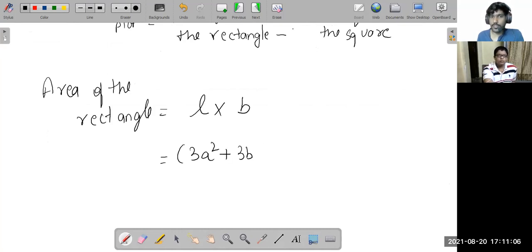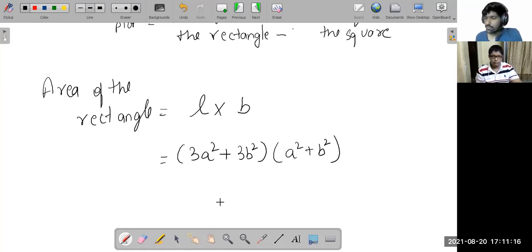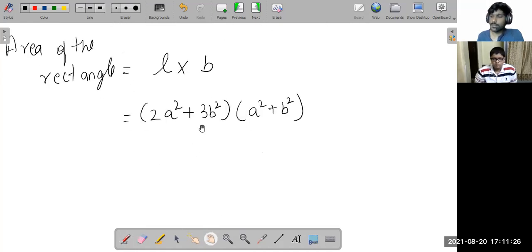It's given in the form of a polynomial. And what is the breadth? Breadth is a squared plus b squared. Length is 2a squared plus 3b squared. Now what do we do here? We multiply these two. How do you multiply?